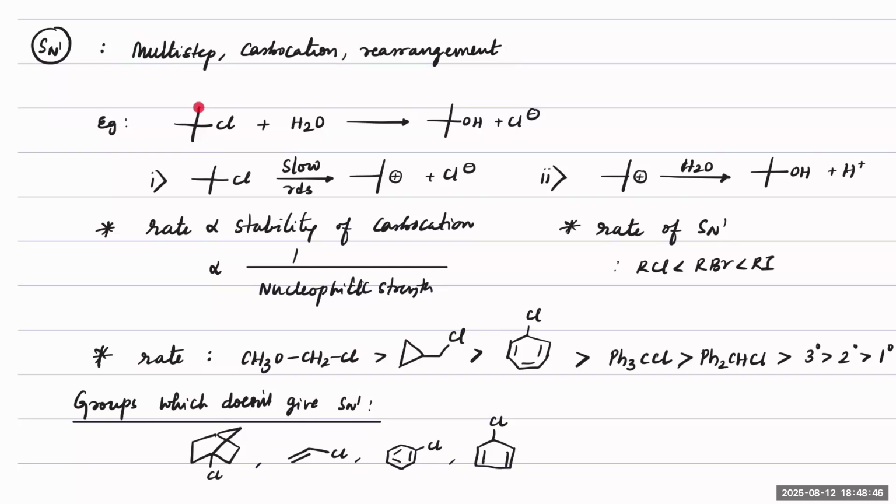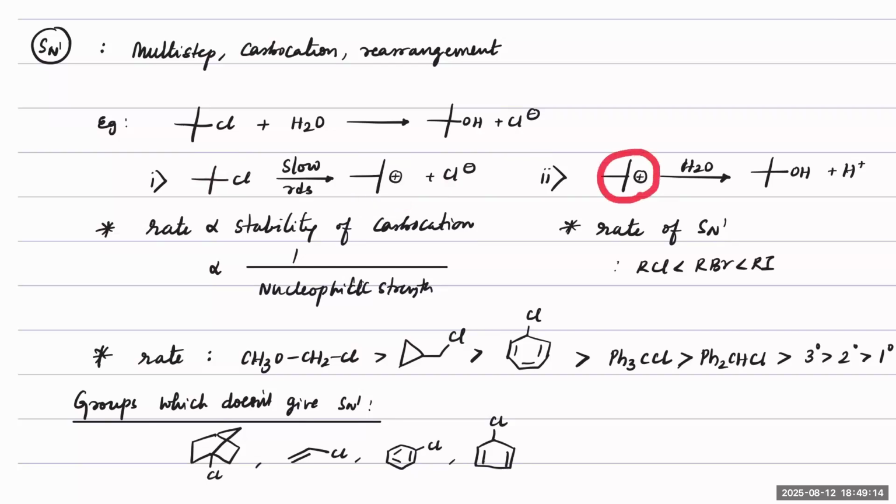Suppose you have a bulky alkyl halide and you react it in the presence of water. The water would attack here, chlorine will go, and you will get a 3-degree alcohol. How does the mechanism take place? The first step is to remove this chlorine and get a carbocation. Cl minus is a good leaving group, it will leave and generate a carbocation.